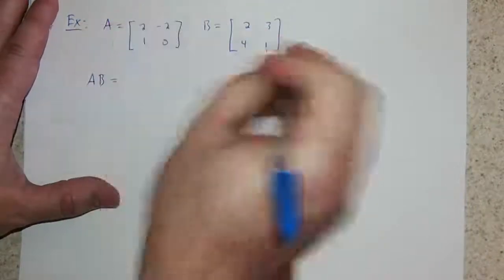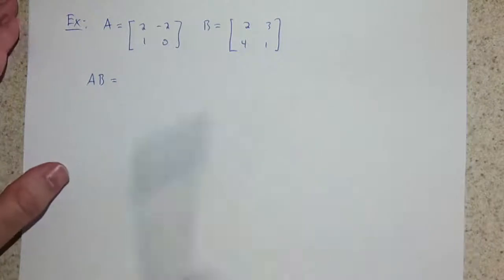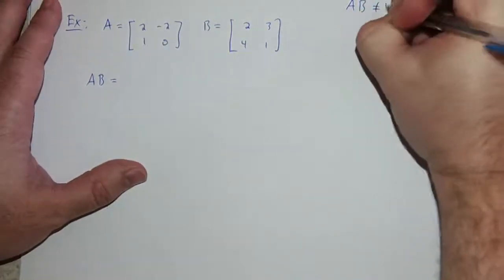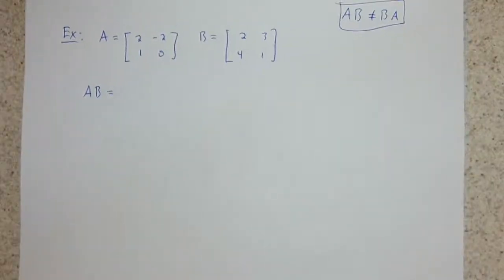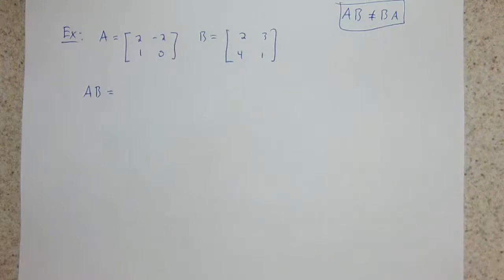Both of these are 2 by 2, so A times B and B times A are both defined. In general, AB is not equal to BA typically. So this is usually your first run-in with a type of multiplication that's not commutative, right?